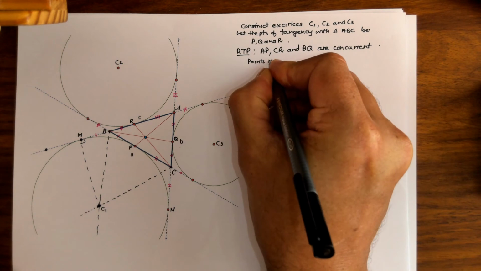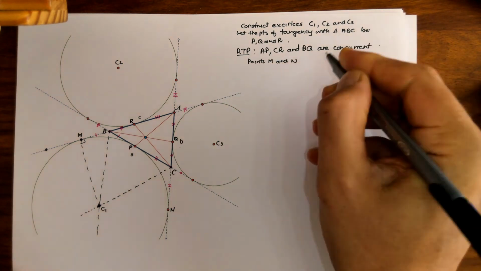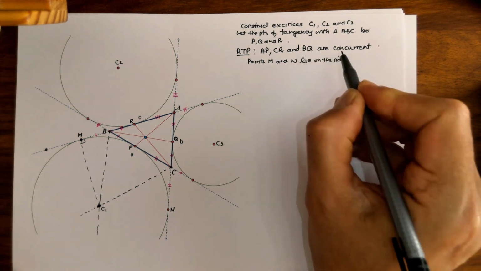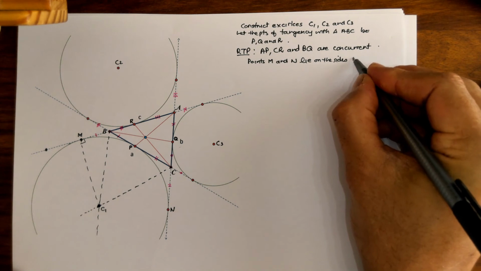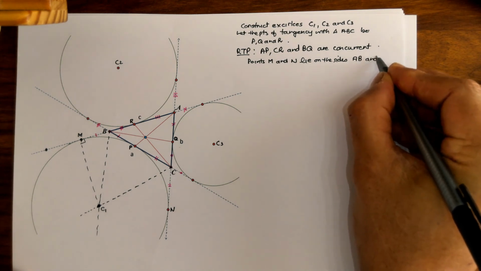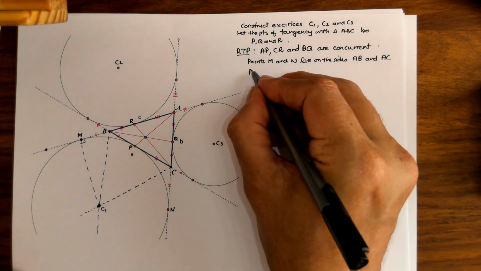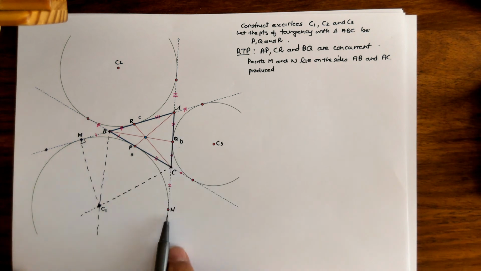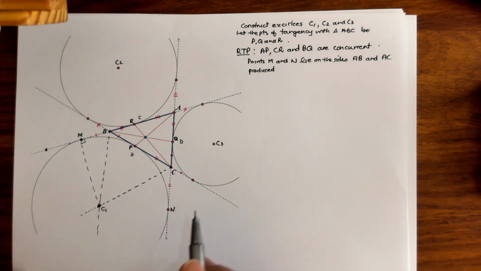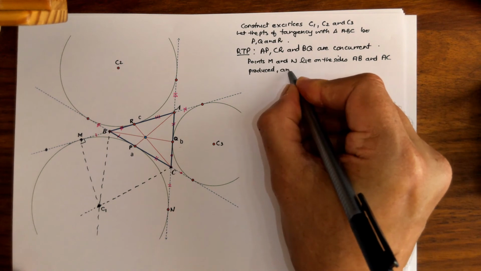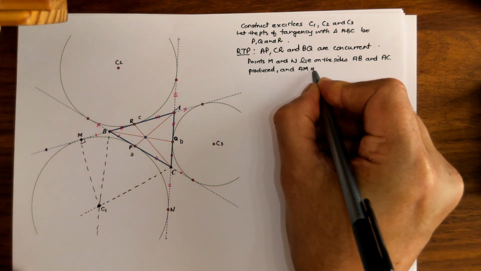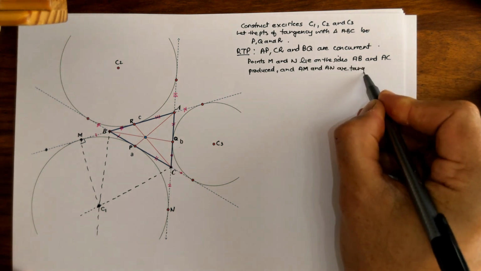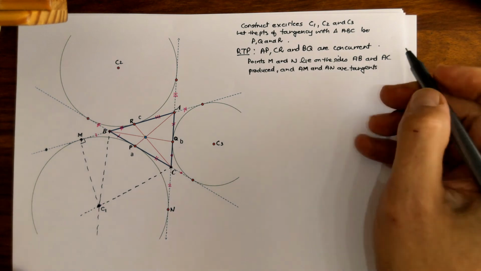Points M and N lie on AB produced for M and AC produced. Okay, and what are they? They are tangents. Therefore AM and AN are tangents.